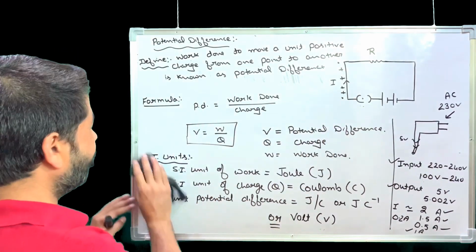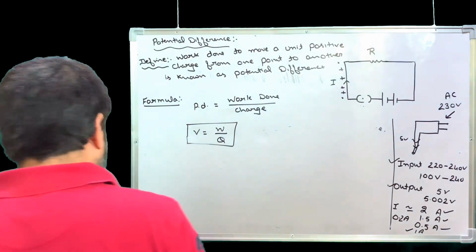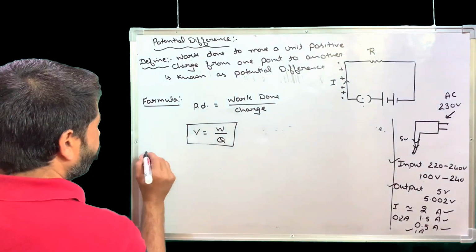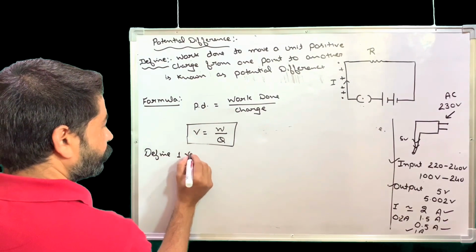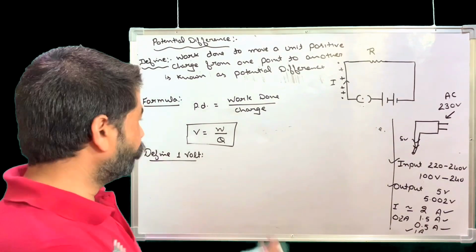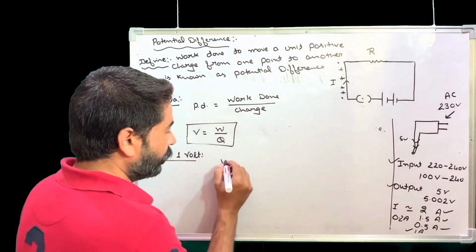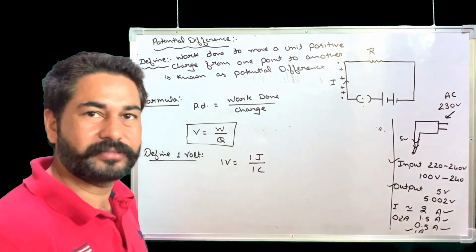Now how will you define its SI unit? Next, define 1 volt. How will you define 1 volt? Can anyone tell? I told you, volt is 1 joule per coulomb. Formula: 1 volt is when 1 joule of work is done to move 1 coulomb of charge.